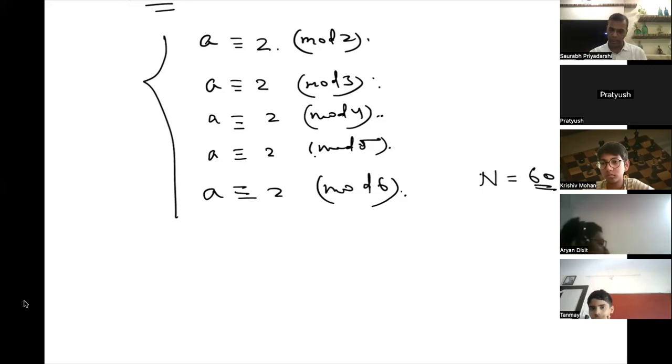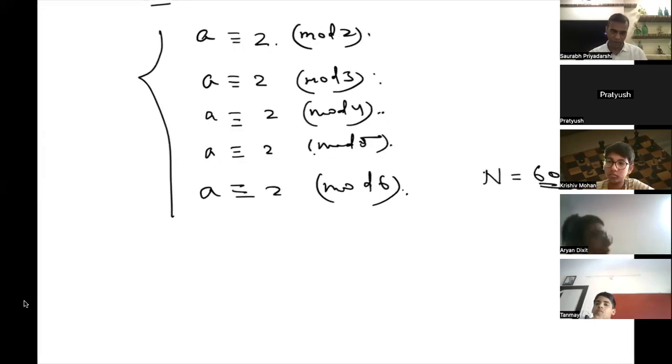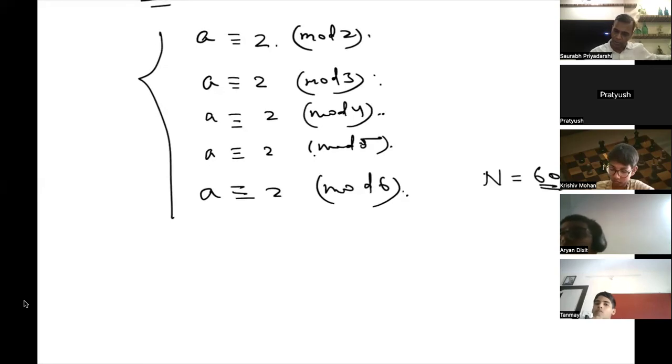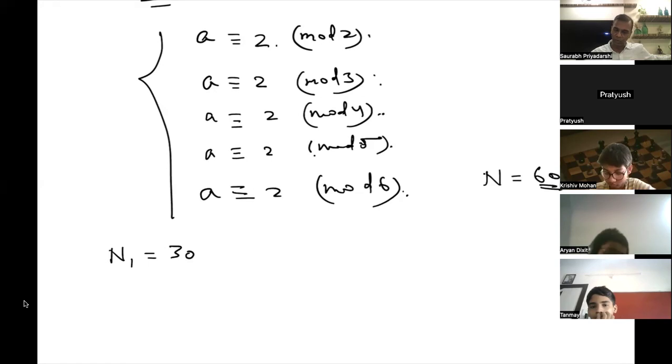So again, I have to write down the complete process. In this complete process, what I'm writing is n1. What is n1? If I divide this by 3, this will be 30. What I have to write down, 30a is equal to 2 mod 2. So again, you are getting a equal to 0.